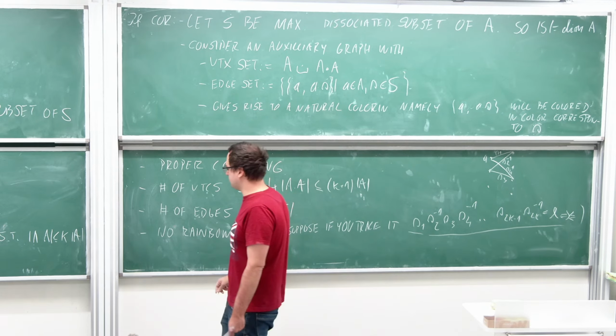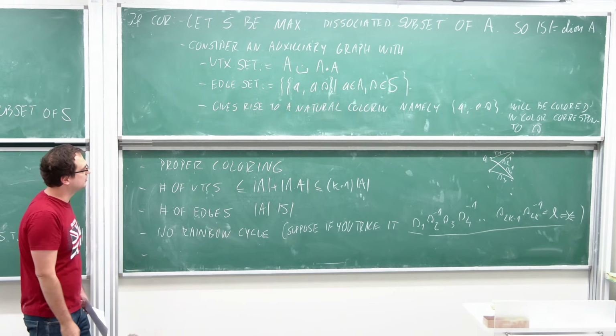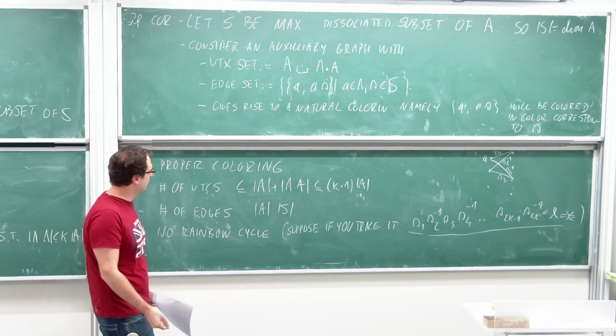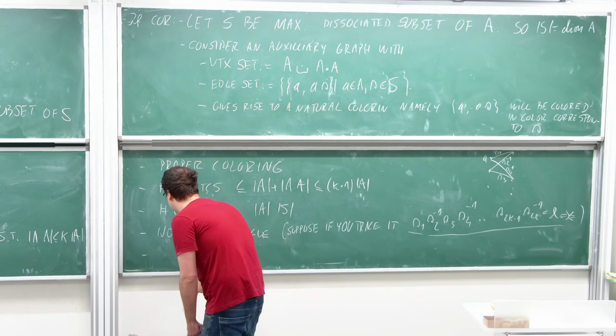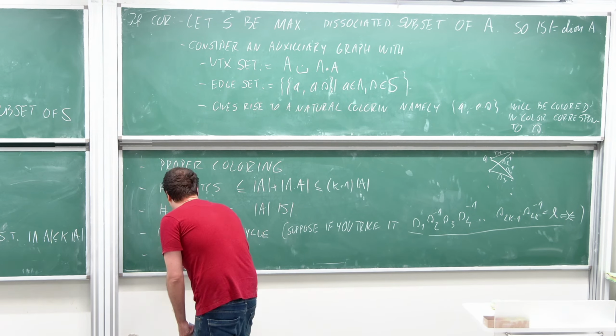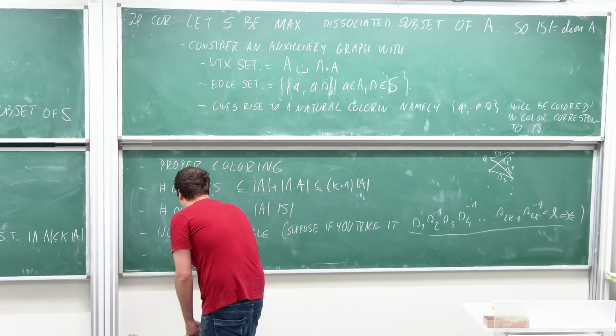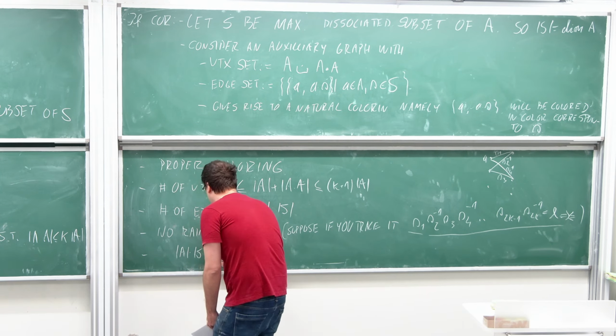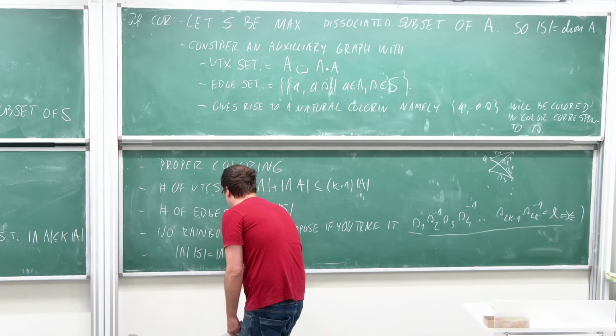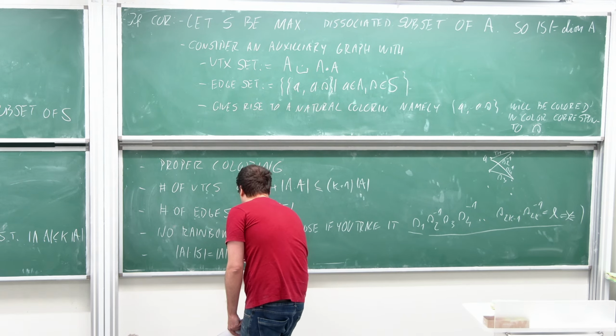So now you can just use our bound on the Turan number, and this tells you that the size of A times S, which is just the size of A times the dimension of A, right?